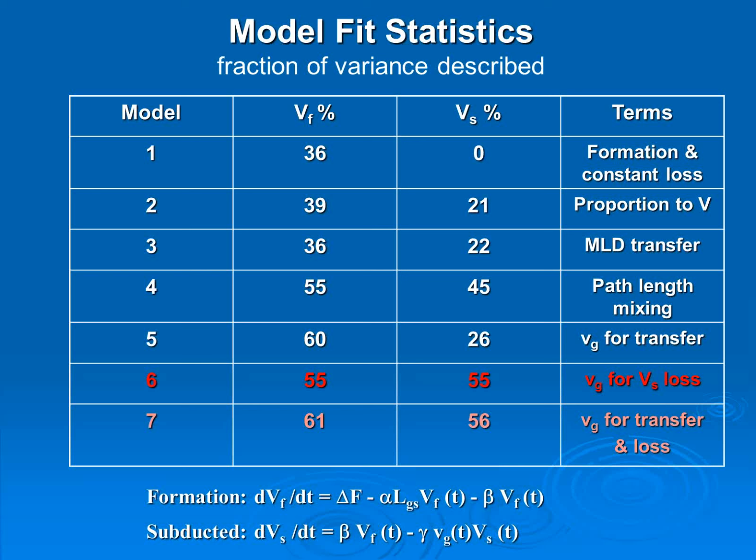For the formation region, including the Gaussian path for mixing, you can see a significant increase of the variance explained by the model. And in the subducted region, you see the increase by including the velocity as a transfer term, and also loss to the other regions.